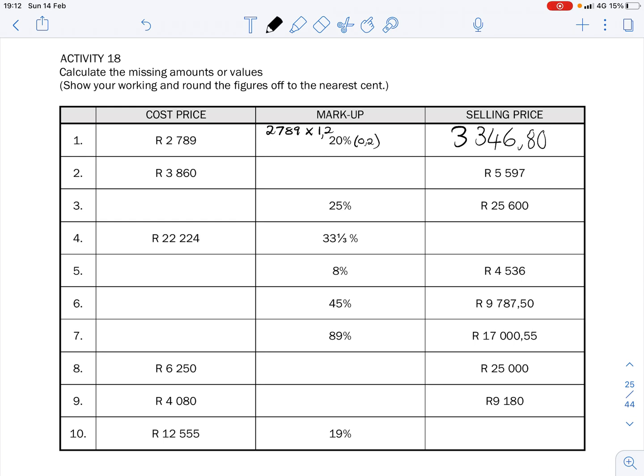Okay. We then have number 2, where they give us a cost price and a selling price. So we need to work out the markup percentage. Now our formula for that is gross profit over cost of sales multiplied by 100. So gross profit, remember, it's selling price minus cost price.